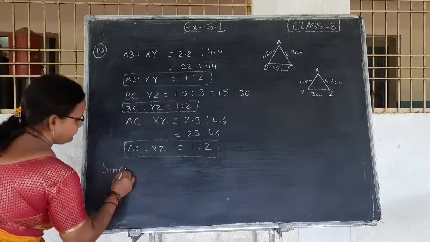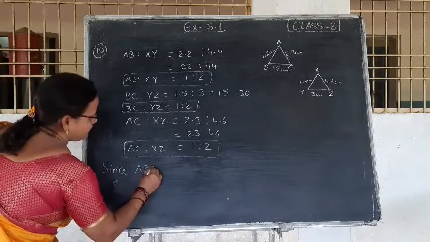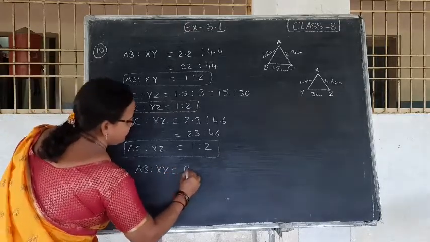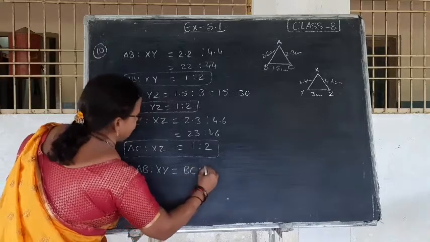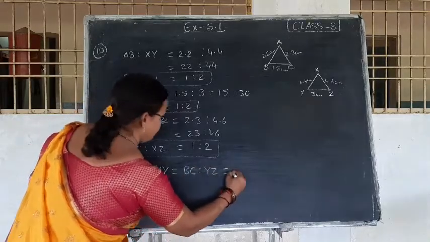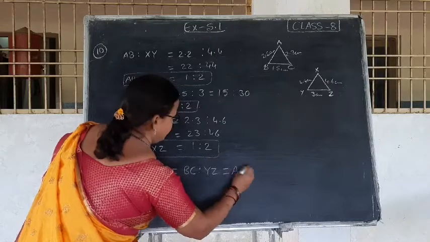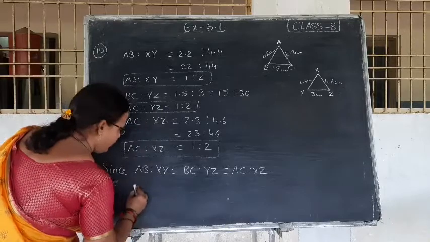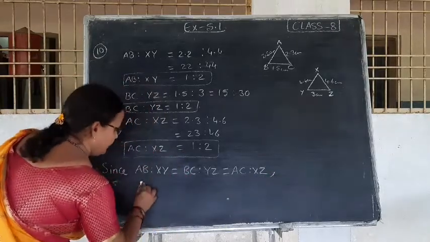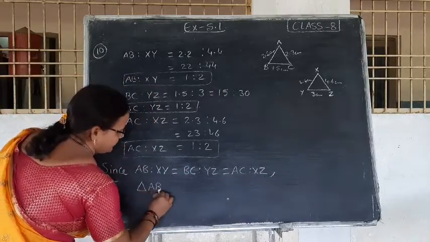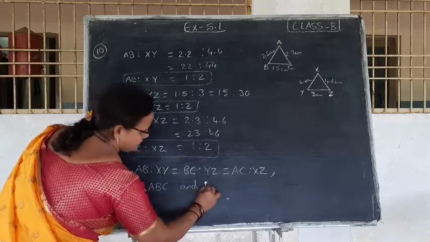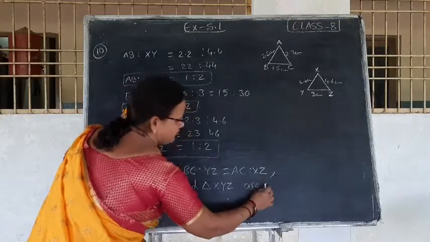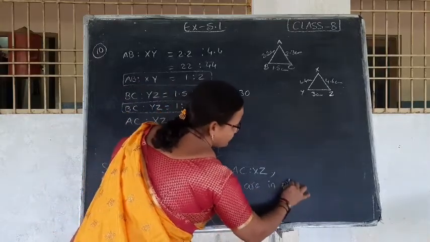Since AB is to XY is equal to BC is to YZ is also equal to AC is to XZ, since these three ratios are equal, triangle ABC and triangle XYZ are in proportion.